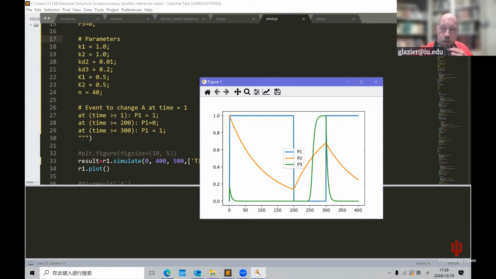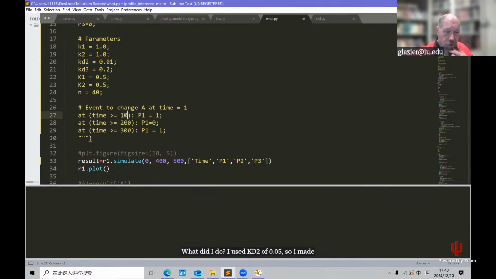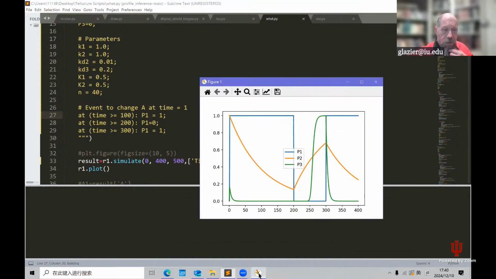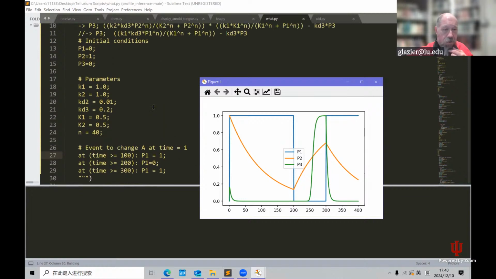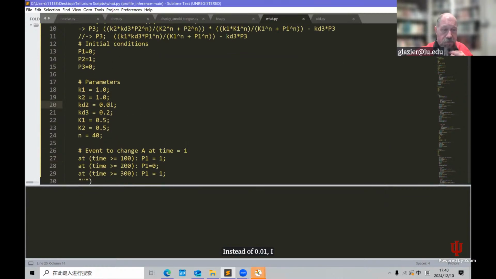And so in the case that I had here, what did I do? I used KD2 of 0.05, so I made KD2 a little bigger. Instead of 0.01, I made it 0.05.